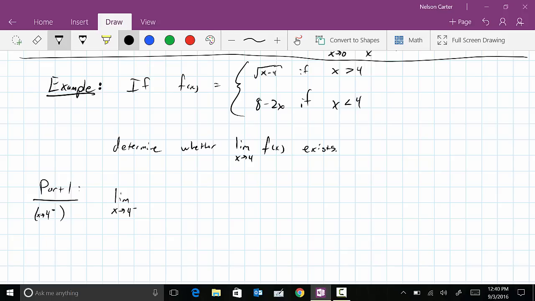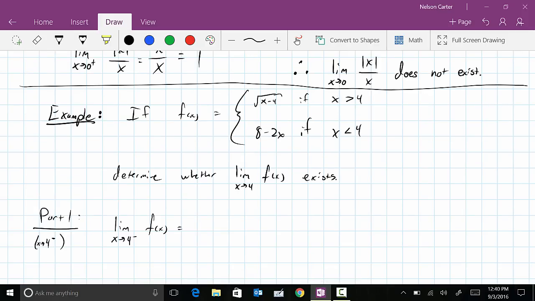X is approaching 4 from the left. So we're going to say what's the limit as x approaches 4 from the left of f of x? Well, if we're to the left of 4, that means that the values are less than 4. And if the values are less than 4, then the function means this. So that means that really the limit as x approaches 4 from the left is actually equal to 8 minus 2x.